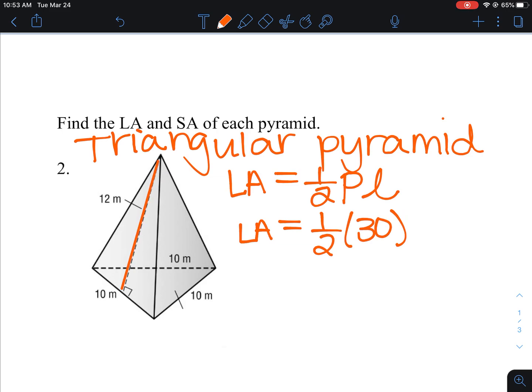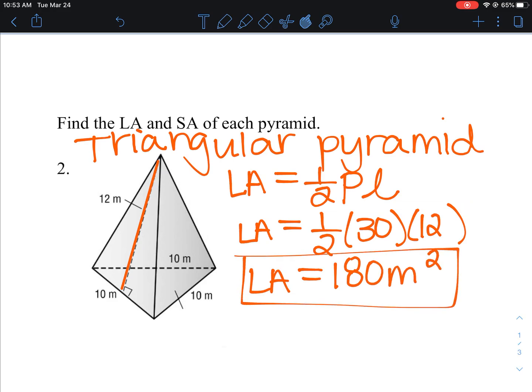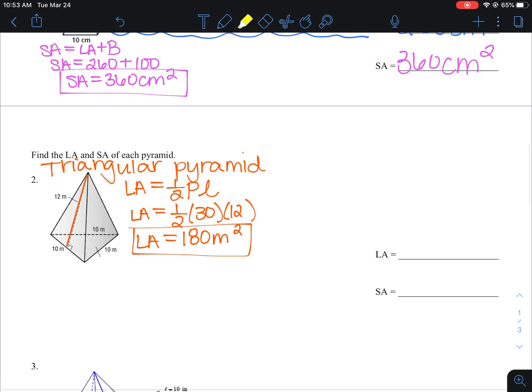The slant height, it shows us right here, is 12. So the lateral area would be 30 times 12 divided by 2, which is 180 meters squared. So, lateral area, 180 meters squared. Okay?